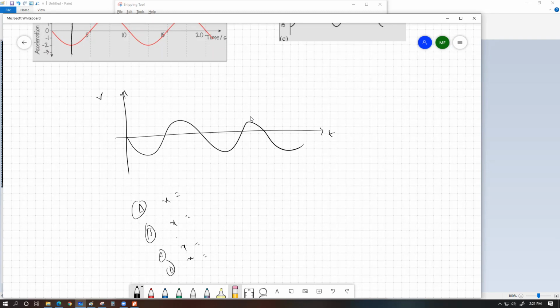So x equals a sin omega t, minus a sin omega t, a cos omega t, and minus a cos omega t. They have given you all the four options. Now my question is, for these four options, which one is the correct response?